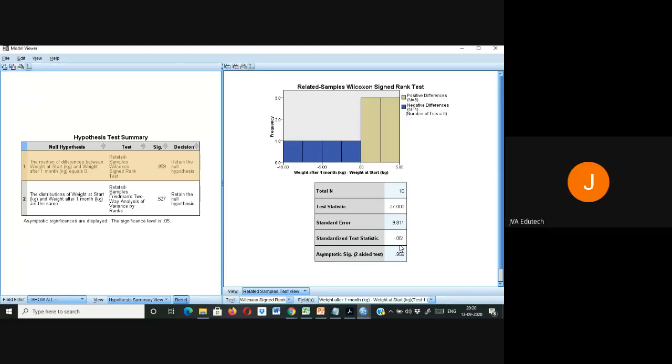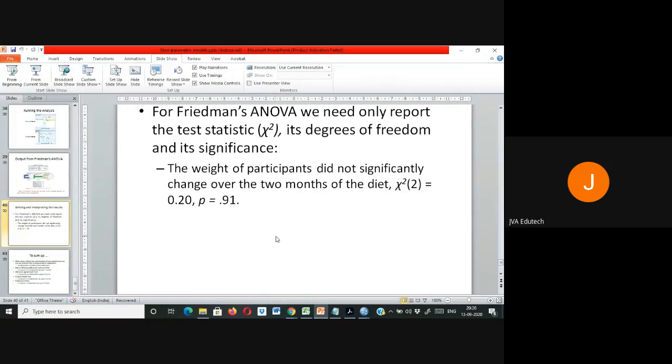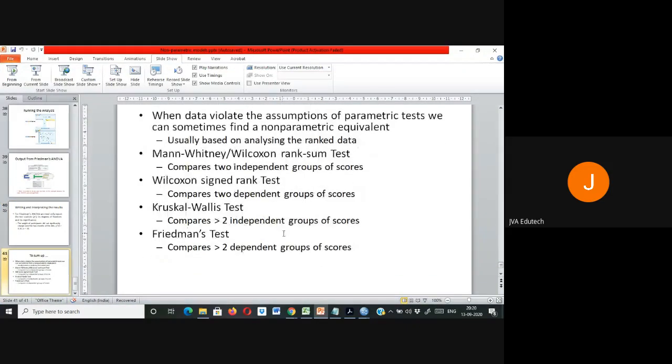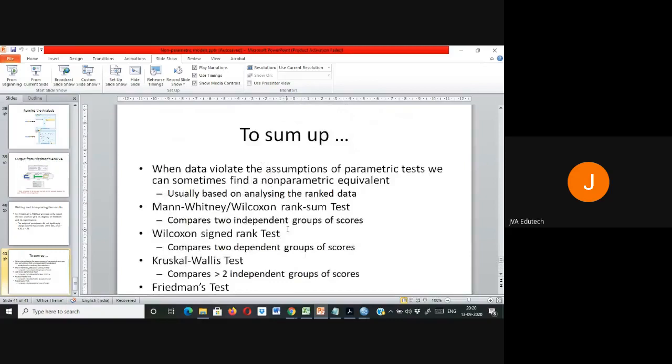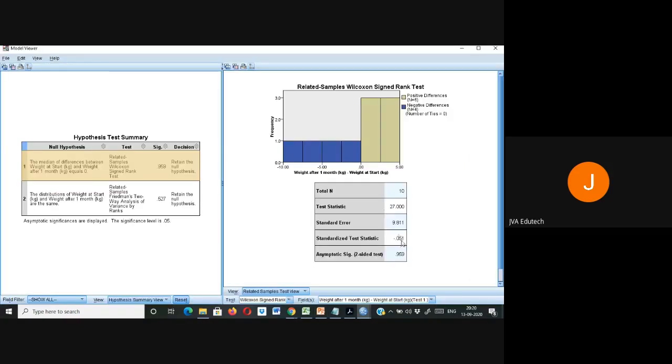So total sample size is 20. So this will come out to be 0.01.